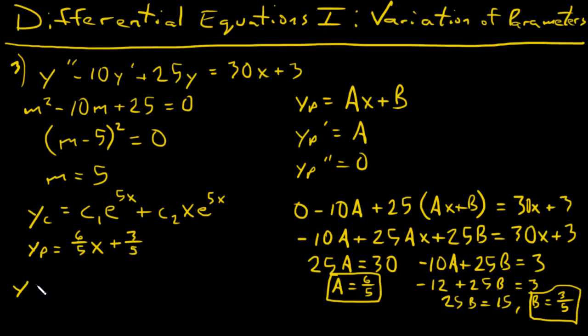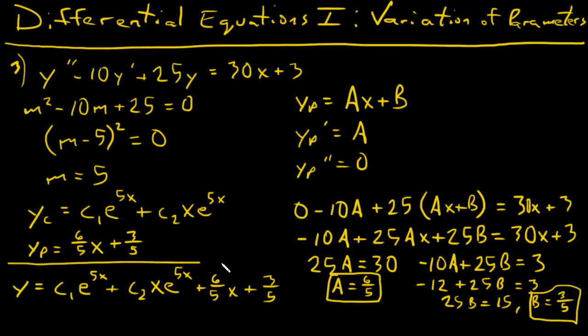So now my complete solution, if you will, the one that has the complementary and the particular all put together, is going to be c1 e to the 5x plus c2 x e to the 5x plus 6/5 x plus 3/5. And there you have it. That is our solution to this non-homogeneous DE with constant coefficients. Not too bad, not too bad.